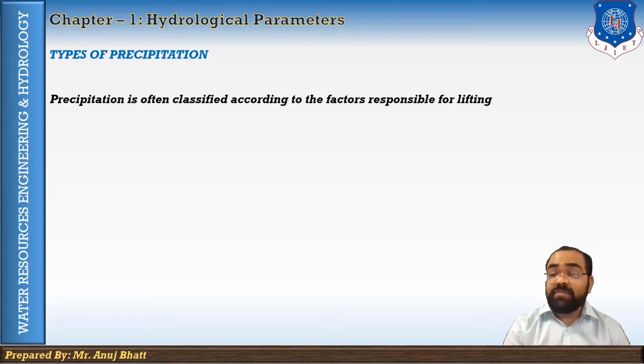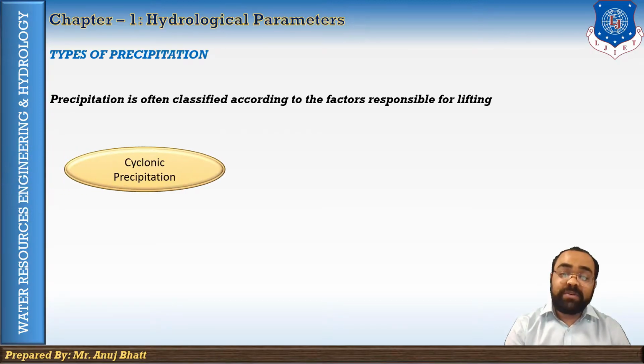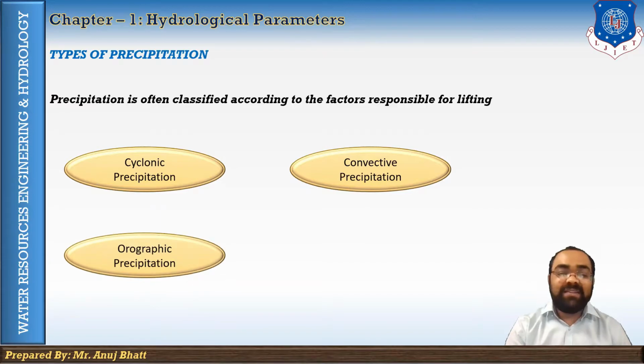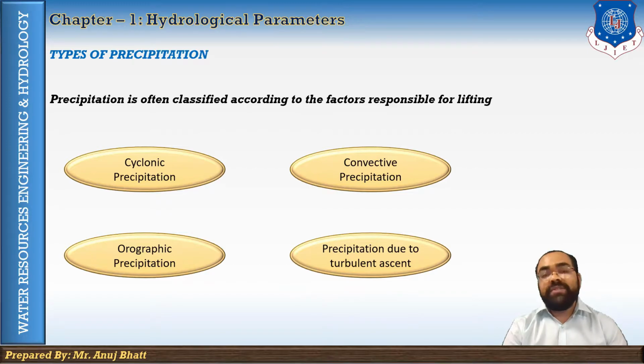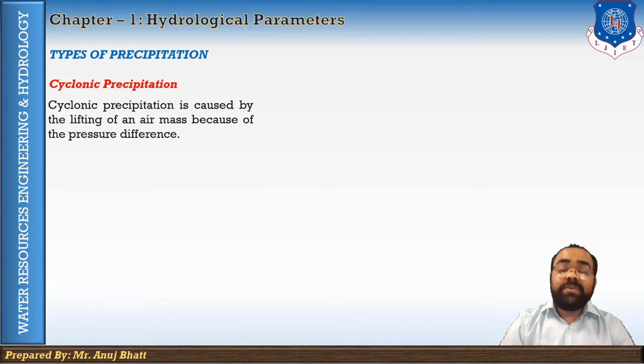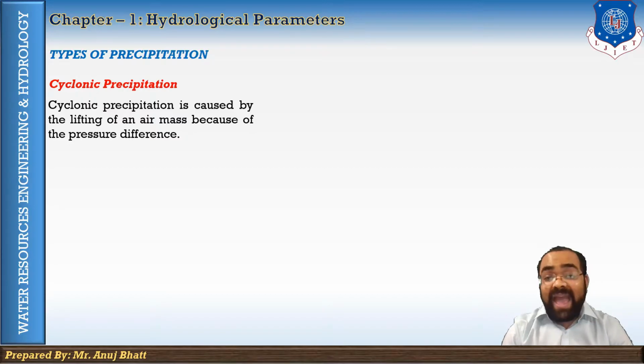The four specific types of precipitation are cyclonic precipitation, convective precipitation, orographic precipitation, and the last one, precipitation due to turbulent ascent. While talking about the first one, the cyclonic precipitation: cyclonic precipitation is caused by the lifting of an air mass because of a pressure difference.